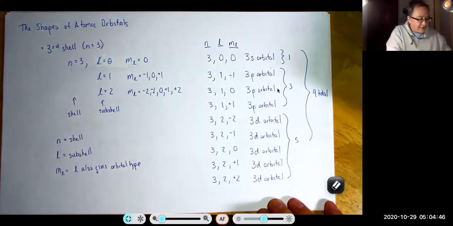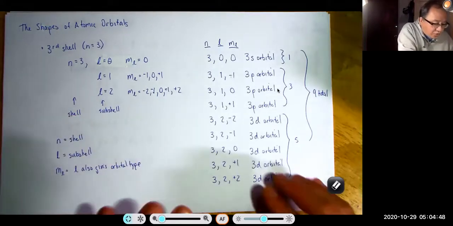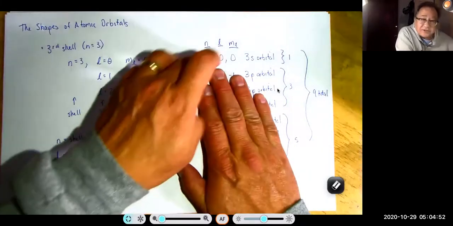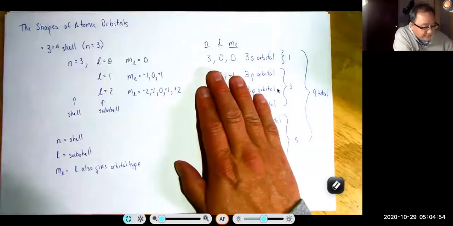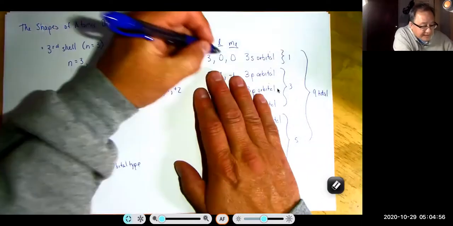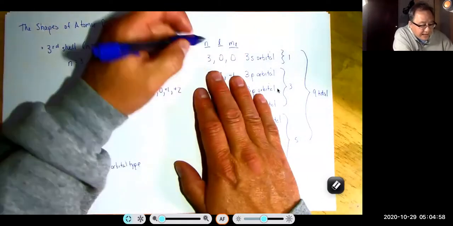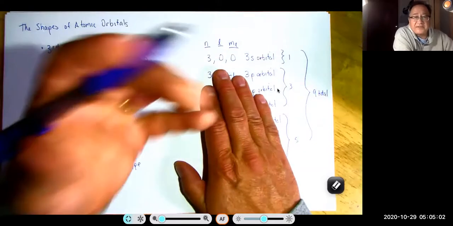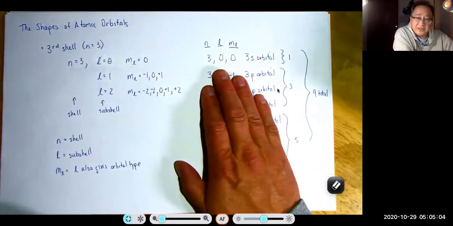If we look at this very first quantum number, 3, 0, 0, the 3 tells you that it's in the third shell. The 0 tells you that it's an S subshell. And what kind of orbitals are in an S subshell? The answer is S orbitals.